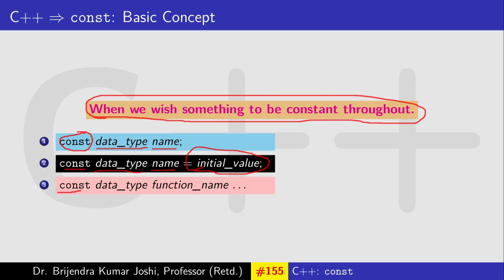The third one is const, some data type, and the name of a function. Now it means we can declare functions also as const, whereas we can declare variables of some data type. They must be unique in the scope.